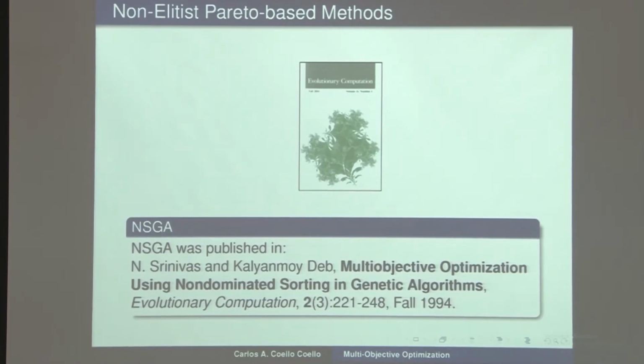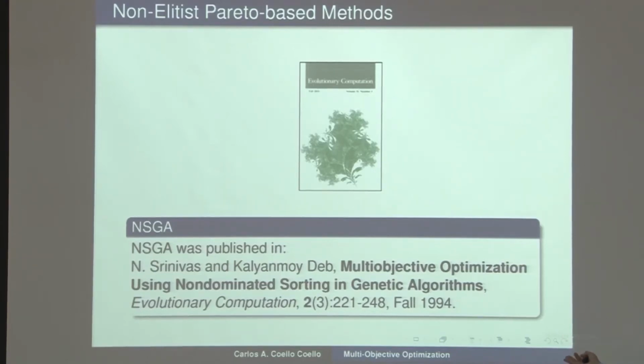It's quite interesting. So in this paper, which is also very interesting, Deb mentions MOGA, but he doesn't compare results with respect to MOGA. He compares with respect to VEGA. VEGA, you know, everybody could defeat because it was a very naive algorithm. Everybody who compared NSGA against MOGA in the mid-90s, including myself, systematically, MOGA was able to outperform NSGA, which is probably the reason why he's not comparing in the paper.